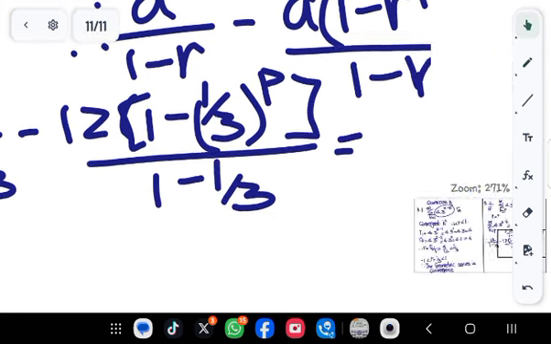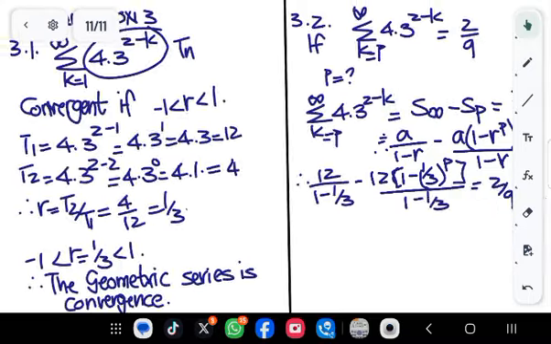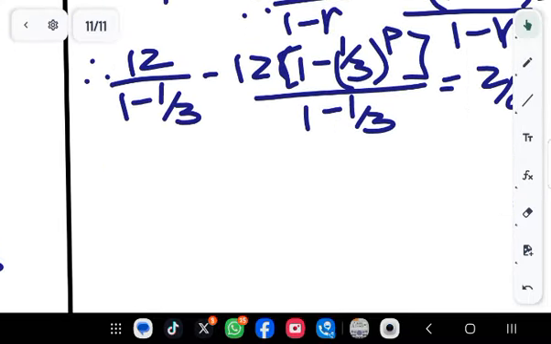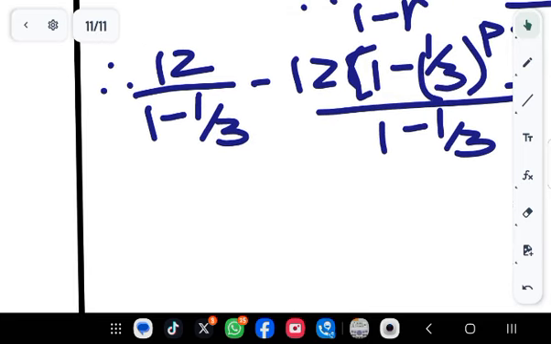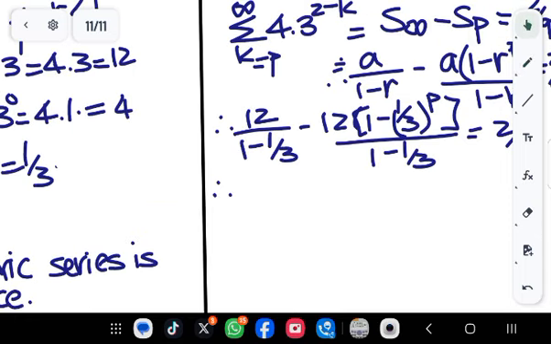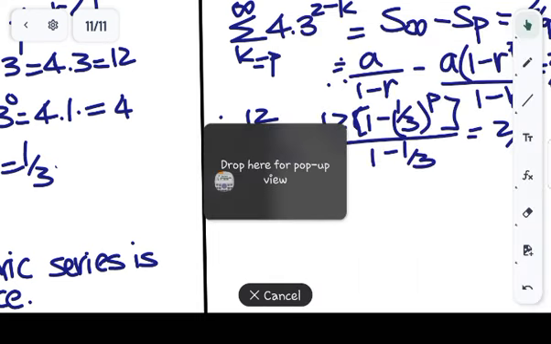That is equal to 2 over 9. Now first, before we take out any common factor, I just want you to see something here.